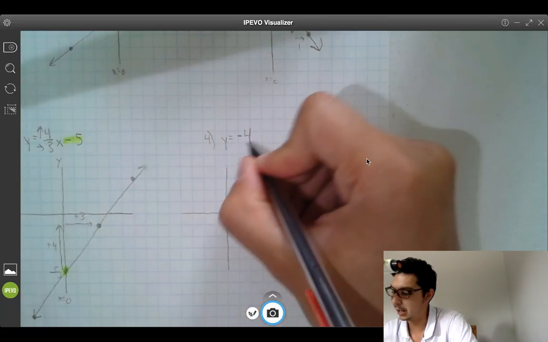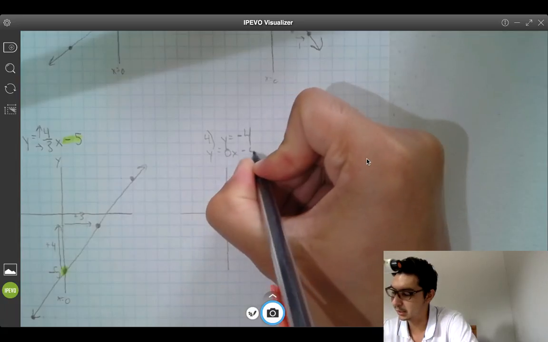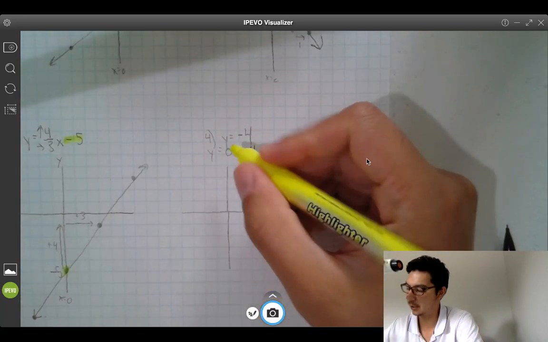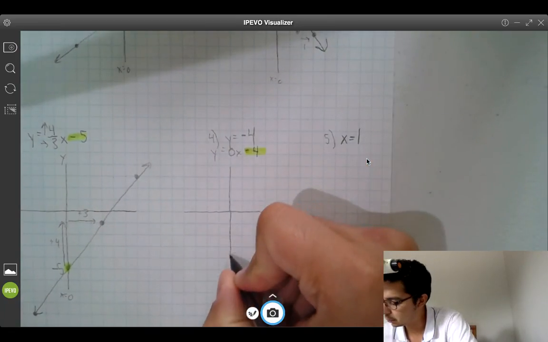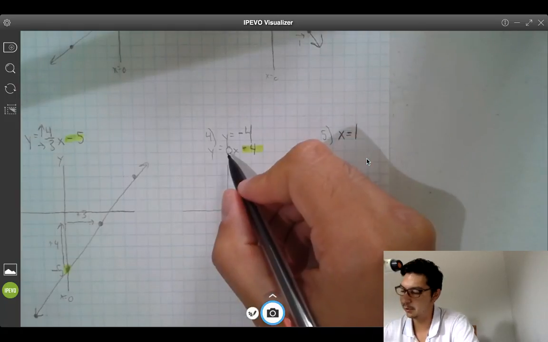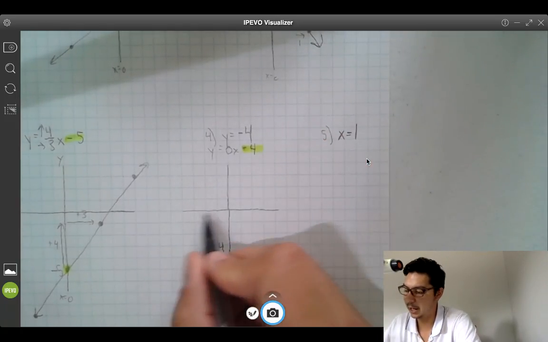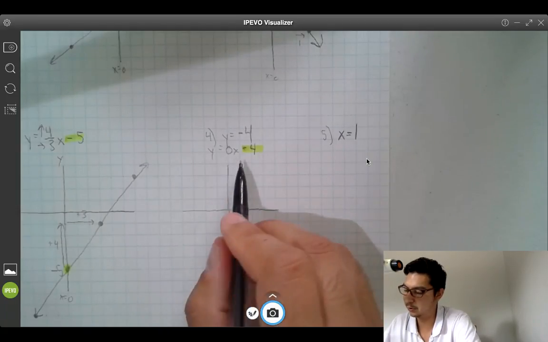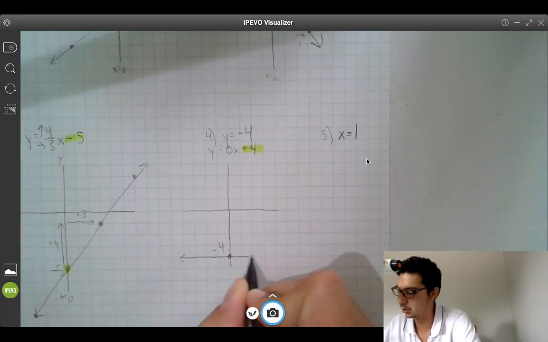So notice that there's no x. We could actually write this as y equals 0x minus 4, if that helps you, which tells you that you still start at -4. So you go down 1, 2, 3, 4, -4. And then the slope is 0, meaning you're not changing anywhere. So no matter what x you're at, if you go right 1, if you go right 2, if you go left 1, left 2, no matter where you go, you're always at -4, meaning that this line is just a horizontal line like this.